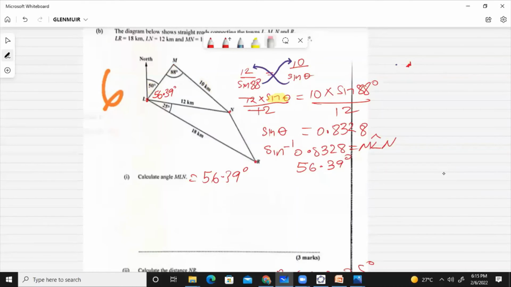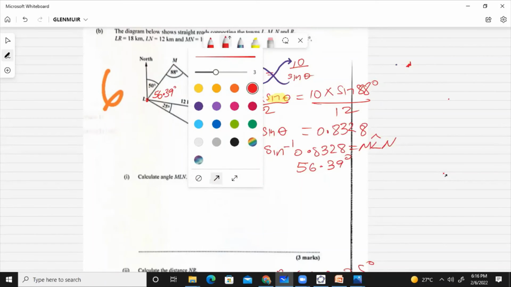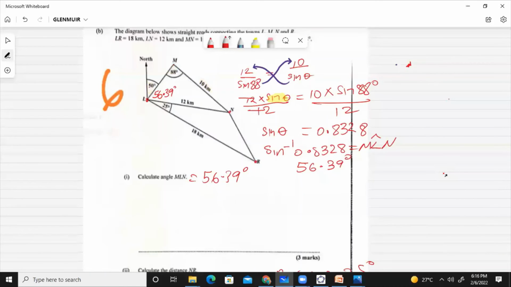Let me put this in red. They said, determine the bearing of R from L. That means you're going to go to the north of the point L. They want all of that. See, it leads to R right here. No problem. It's a 1-mark question because the bearing values are there: 50, 56.39 or 56.4, and 25.